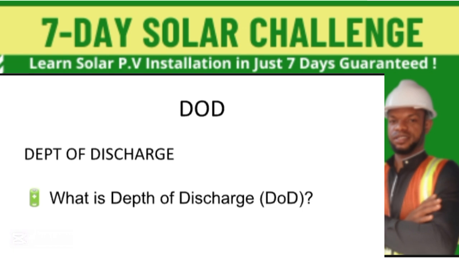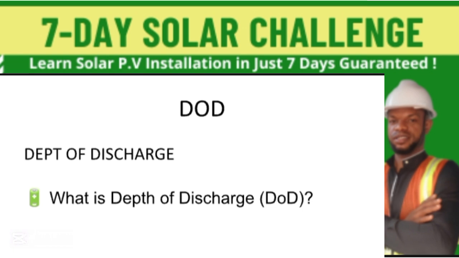That is, if they receive 100% charge, they can only give out 50% of it. It simply means that batteries, let's say the ones that are common in Nigeria, they don't give you 100% of the energy they receive. Do you understand that?